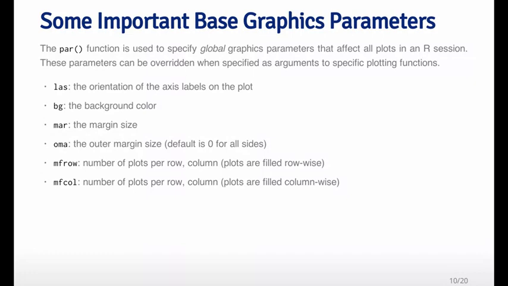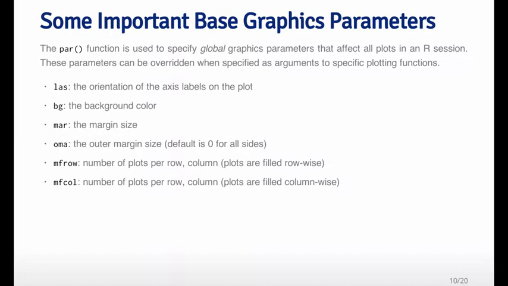And so the las is the orientation of the axis labels. So if you like all the axis labels to be horizontal or perpendicular to the graph, you can change this. bg is the background color for the plot. The margin size sometimes needs to be modified. If you have a very complex y-axis or x-axis label, you might want to make the margin a little bit bigger to accommodate that.